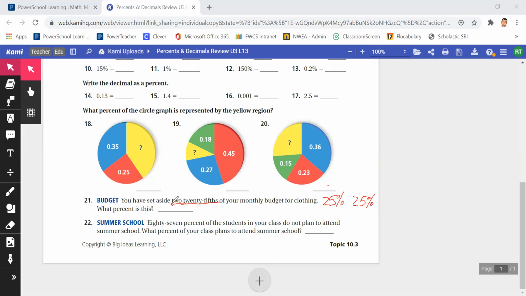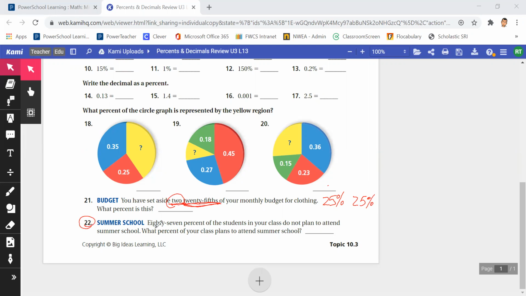So you set aside 2/25 of your monthly budget. All right. So what would those two percentages be? That's a lot of money for clothing, but what would those two percentages be when you add them together?